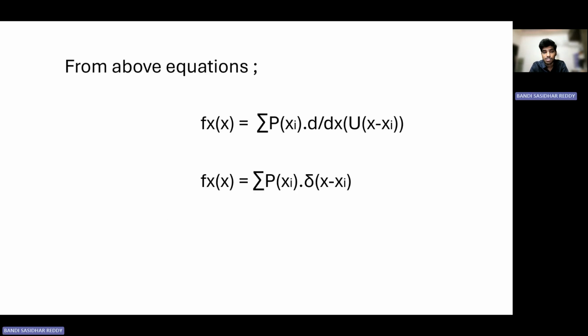From the above equations, we get fX of x equals the summation of p of xi into d by dx of u of x minus xi, where the derivative of the unit step function is the unit impulse function, so that we get our equation fX of x equals the summation of p of xi into delta of x minus xi.